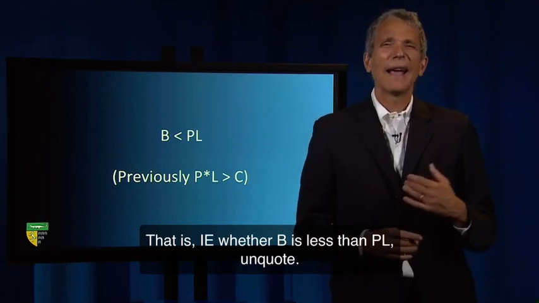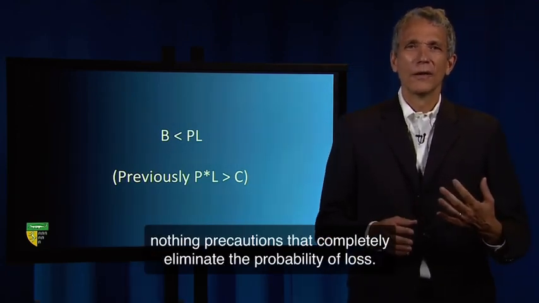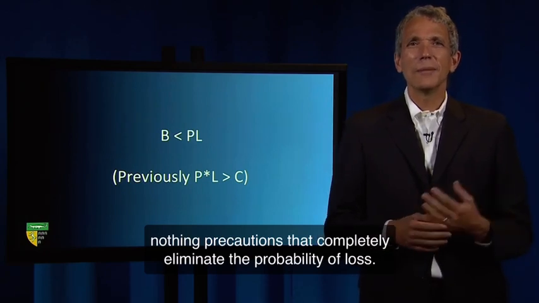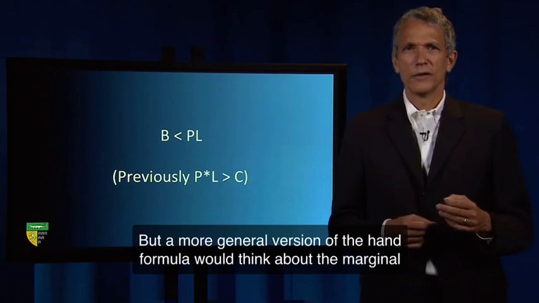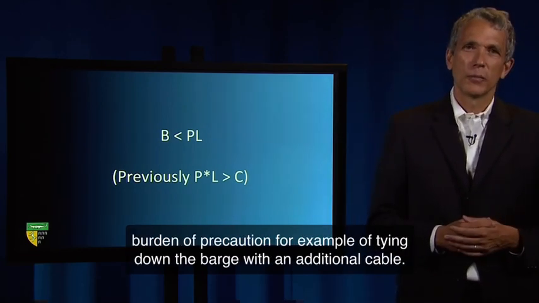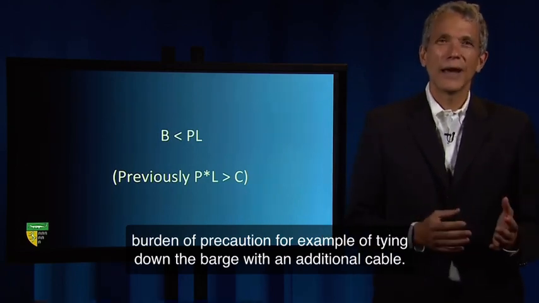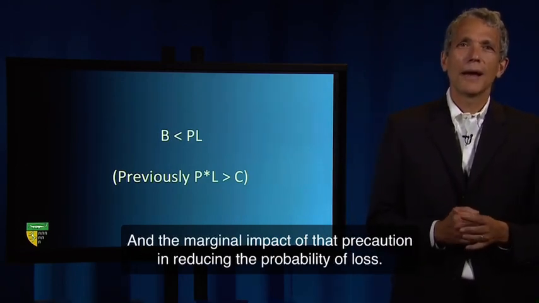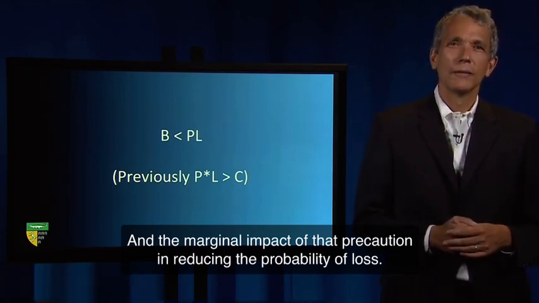Unquote. Hand's reasoning has great power for all or nothing precautions that can completely eliminate the probability of loss. But a more general version of the Hand formula would think about the marginal burden of precaution, for example, of tying down the barge with an additional cable, and the marginal impact of that precaution in reducing the probability of loss.